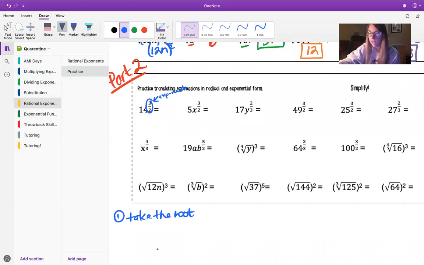I didn't put square root or anything like that because it can change depending on the problem. It could be square root, cube root, fourth root, fifth, sixth, seventh, whatever. And then the next step, whatever you get from step 1, you're going to take the exponent.